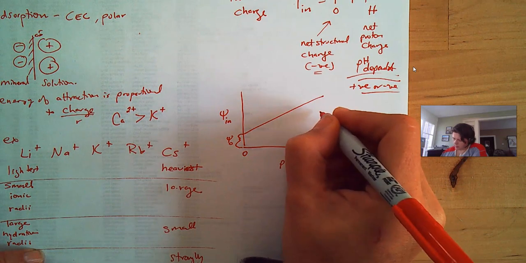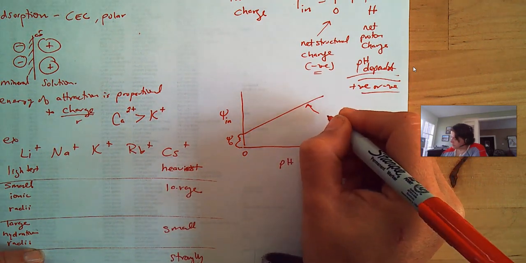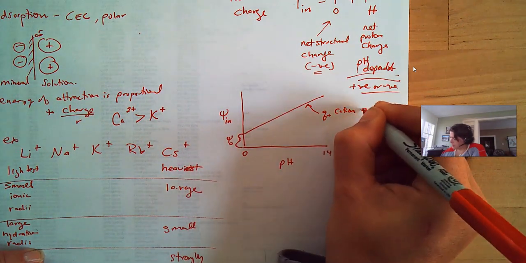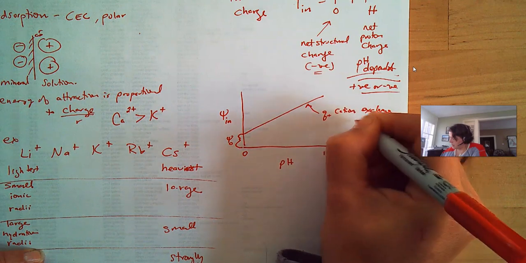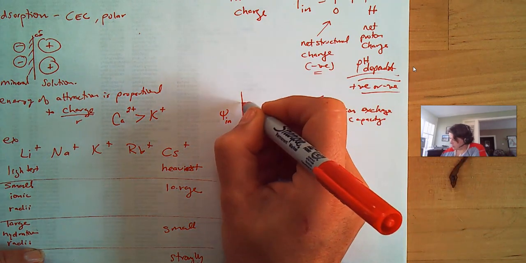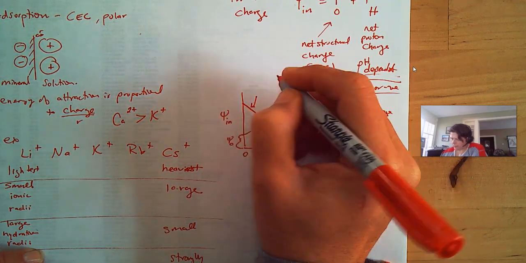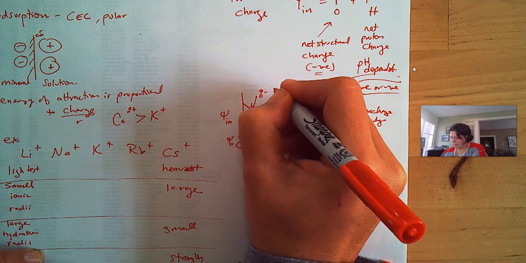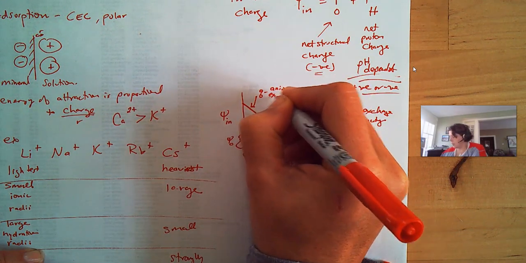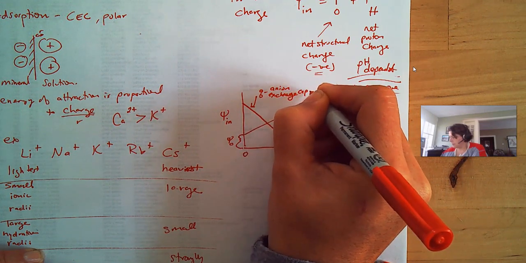And then this line here is your Q plus, which is your cation exchange capacity. Then we're going to draw another line down like that, and this line right here is your Q negative, which is your anion exchange capacity.